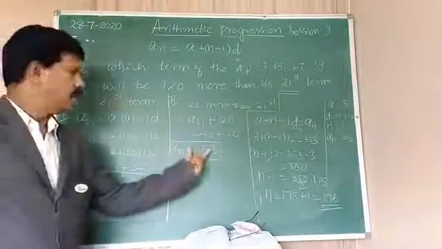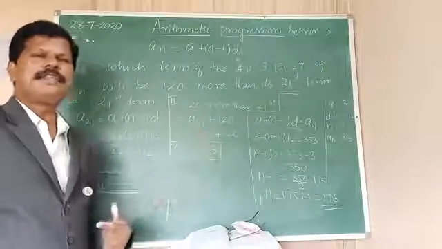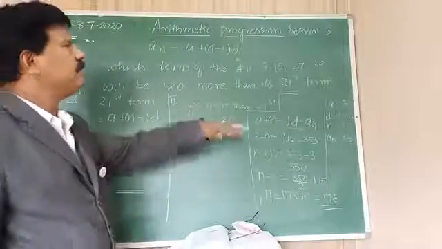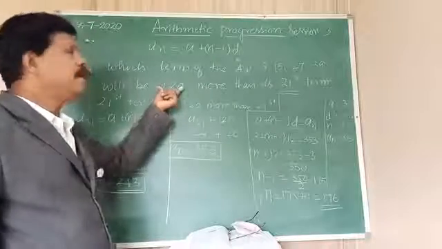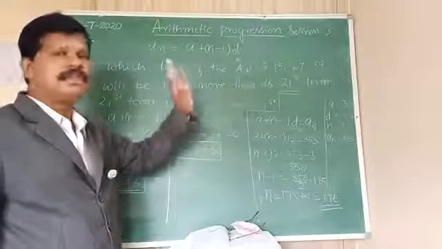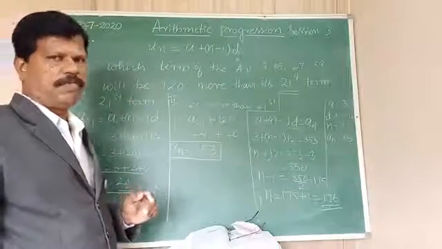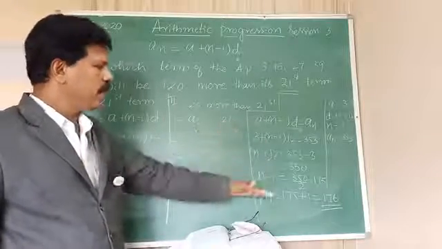So the 176th term of this AP is 120 more than the 21st term. Clear? Now if you want, you verify this.